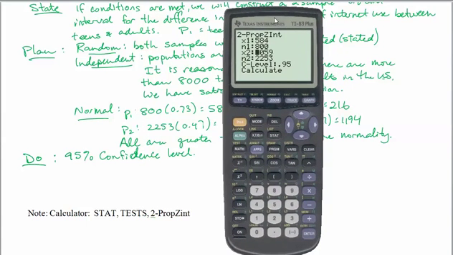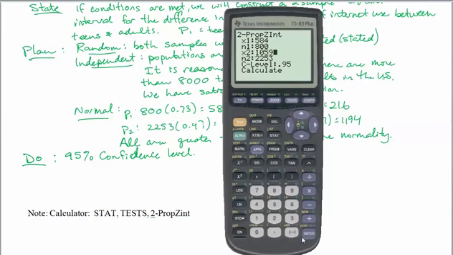Now, one thing you need to look out for, for X2: we can type in 2253 times 0.47, and you'll see we get a non-integer number. So if you're typing it in like this, you need to go back and change those to integers, so it's 1059.